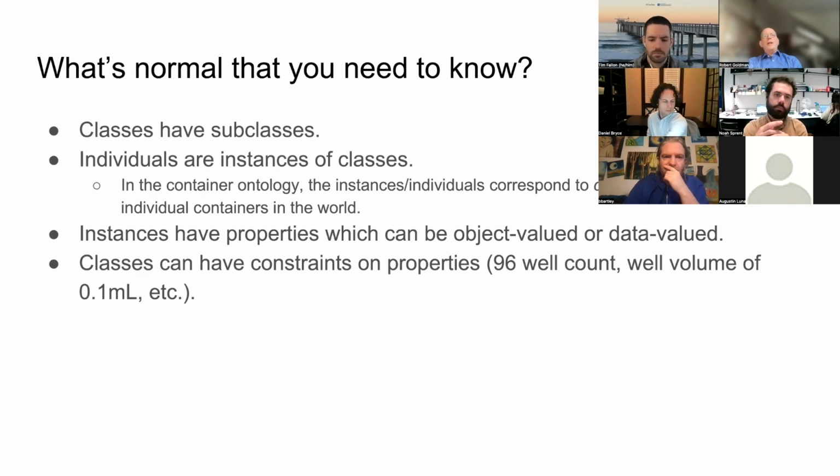Instances have, just like in most schemes, properties. A slightly oddball thing is that there are two kinds of properties in OWL. One is a property that has an object as a value, and the other is a property that has a primitive data item like a string or a number.